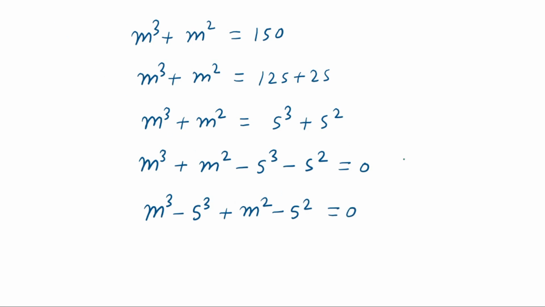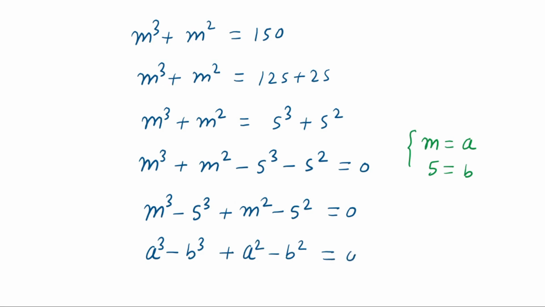Here we will apply substitution again: if we substitute m = a and 5 = b, then a^3 - b^3 + a^2 - b^2 = 0. On the left hand side we have a cube minus b cube plus a square minus b square, equal to 0.